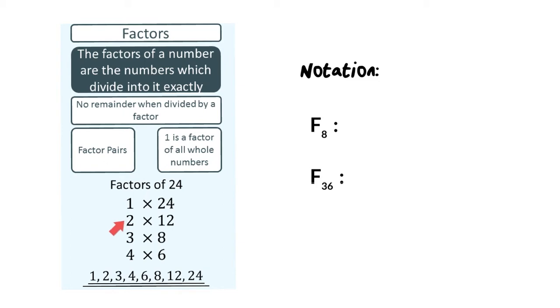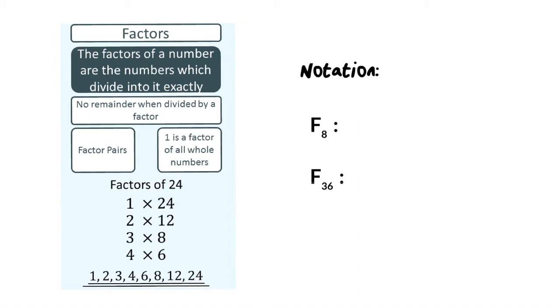Your next number 2, which is multiplied by 12, then 3 multiplied by 8, 4 multiplied by 6, and 5, which obviously does not go into 24. My next number of 6 is already included, so that's how you know that you've reached the end of all the factors. Now we can go and put them in numerical order from the smallest to the biggest.